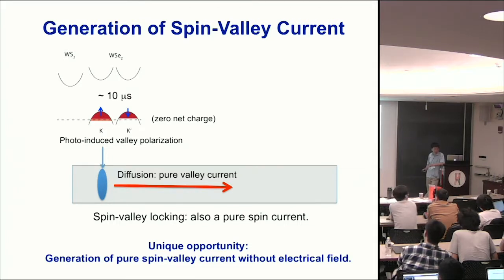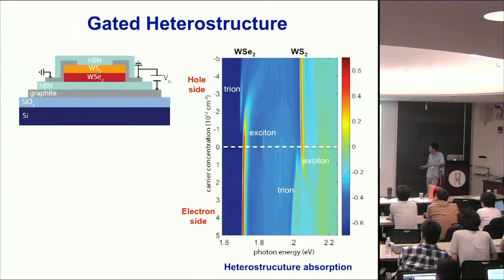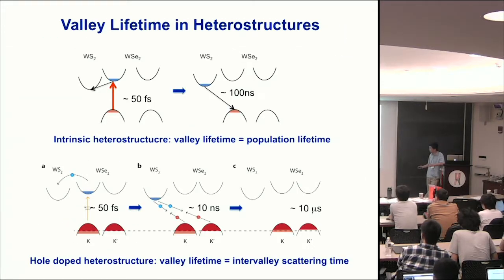So what about the electrons? You excite both electrons and holes, right? Yes. So this is what happens overall. You create electrons and holes at the same time, and then the electrons go to WS2, and within 10 to 100 nanoseconds, the electrons recombine with holes. So the electrons are gone, and you are left with a net redistribution of holes.